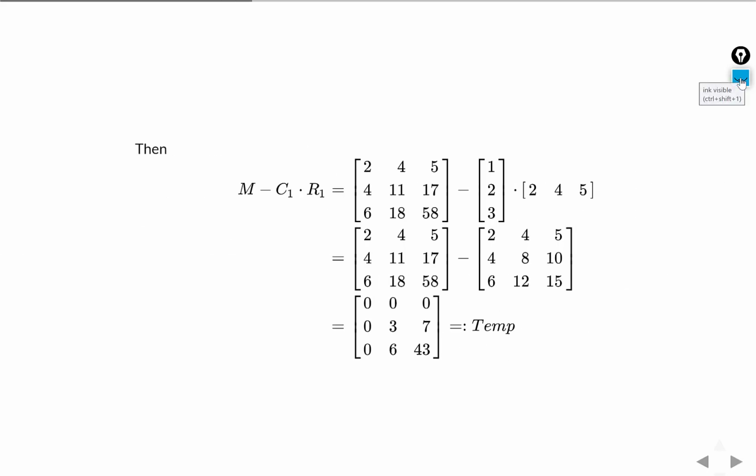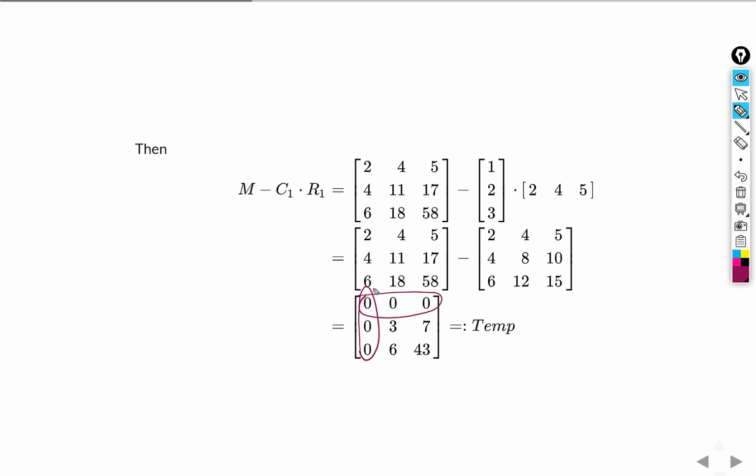Then we subtract C1 times R1 from M. Notice that C1 times R1 is a 3 by 3 matrix, so the subtraction is defined. The result will be a matrix with 0 in the first column and 0 in the first row.